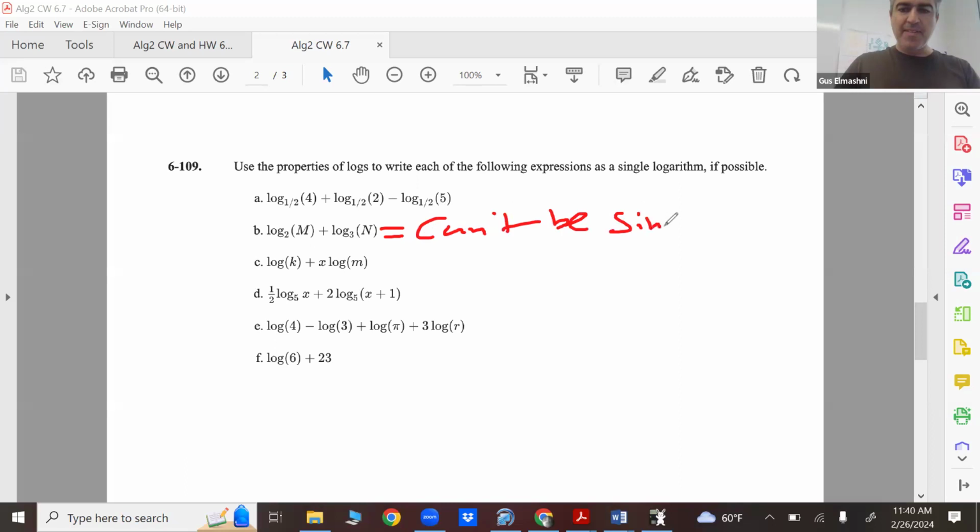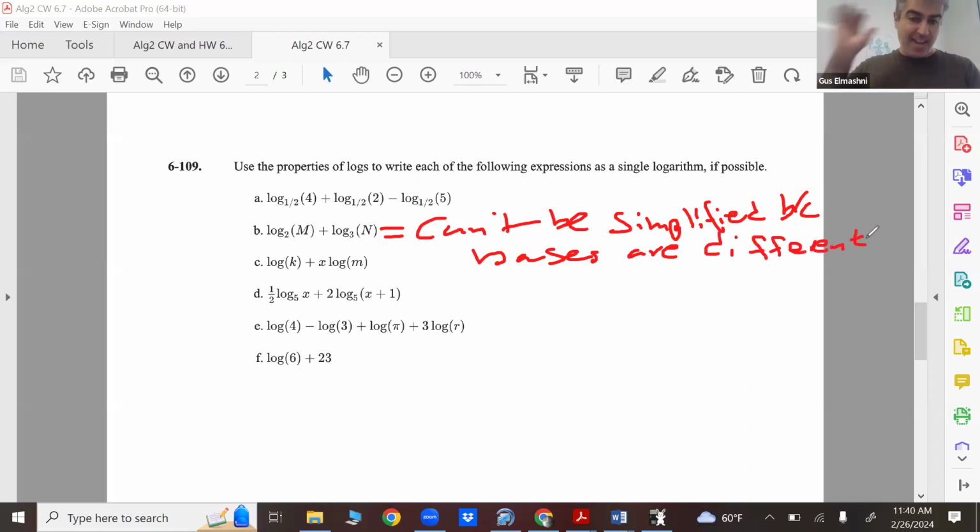It can't be simplified. Good job, Hunter. You're on it, because the bases are different. That's good. I'm glad I made a mistake so you guys can see that, so you don't make that mistake. Okay, now I feel better. I knew that there was a catch there. I didn't quite see that.